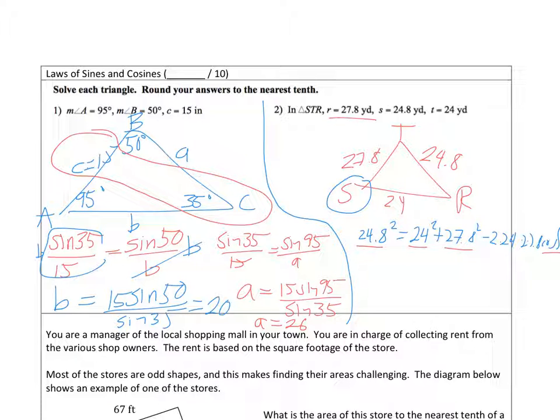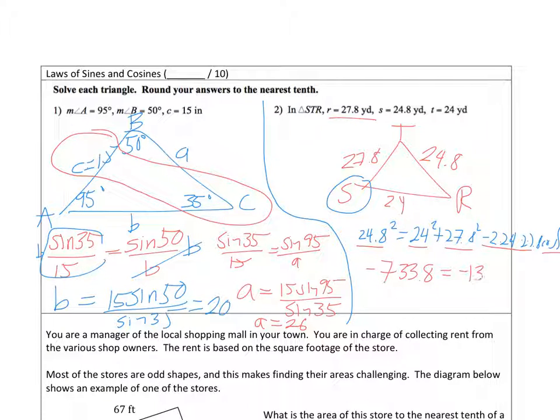So 24.8 squared minus 24 squared minus 27.8 squared, and I get negative 733.8 is equal to, and then I'm going to multiply these guys together, negative 2 times 24 times 27.8.